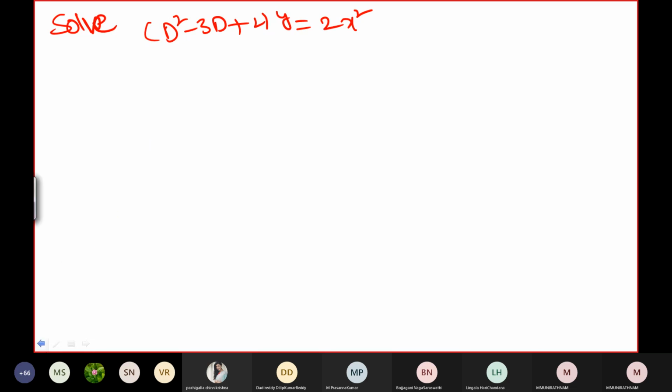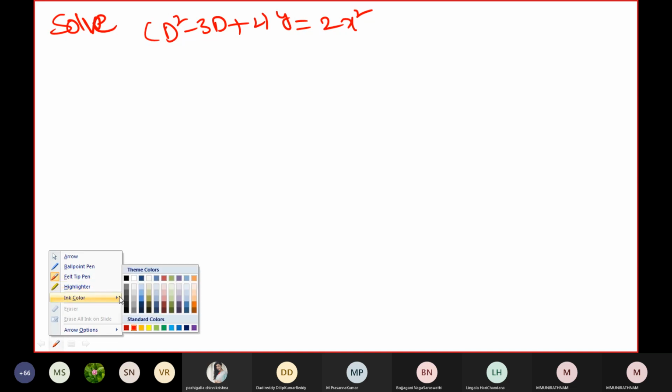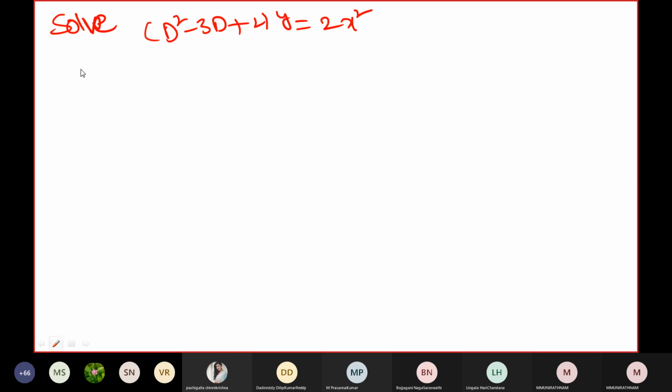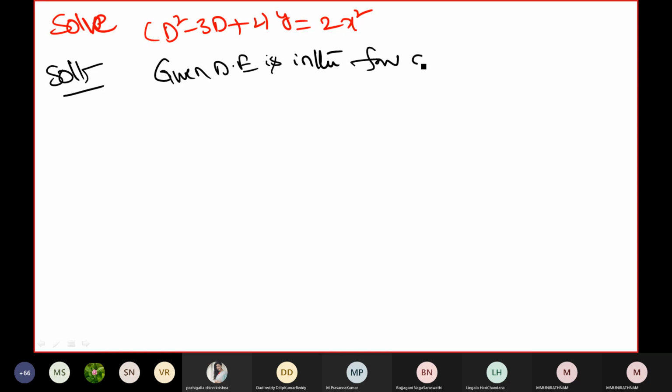Which is in the form given, f of d into y equal to q of x, right?